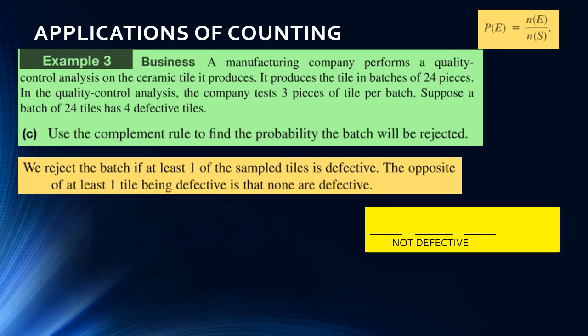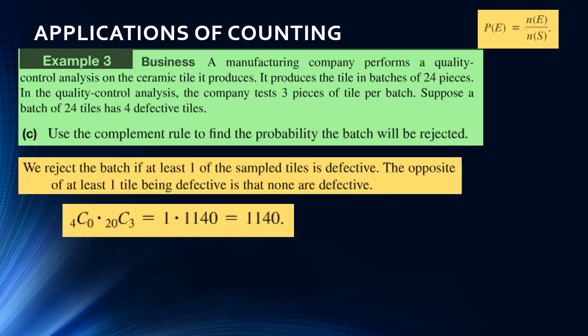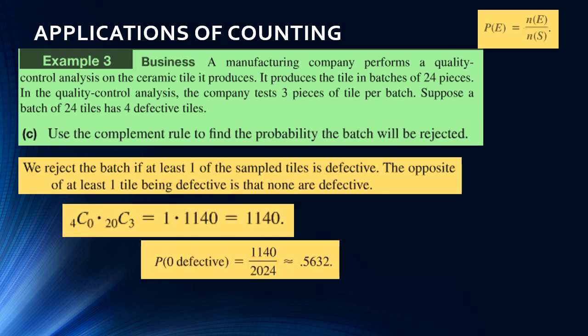So let's find the probability that no tiles are defective. Well, this is pretty simple, right? We're going to pick 3 tiles and none of them are defective. So we know that there are 20 non-defective tiles. So this is just the combination of 20 things taken 3 at a time. This is our numerator in the probability. And so the probability that 0 are defective is 0.5632.